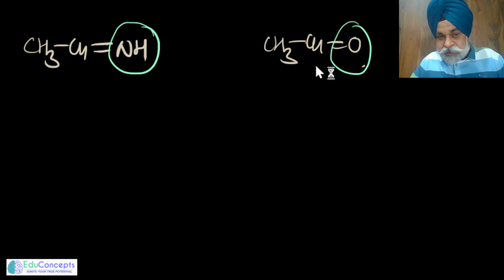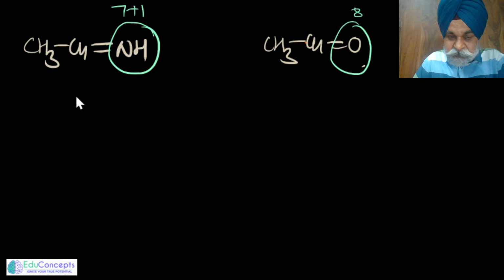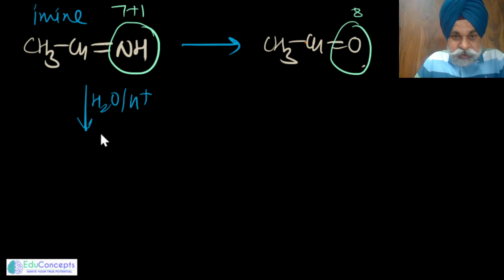Nitrogen is 7 plus hydrogen is 1, 8. So 7 plus 1, 8. This is also 8. Now how would it happen? This thing I have already explained in many of my videos, that if you have an imine in the presence of water and H positive is given by the periodic acid itself, this would hydrolyze to this entity finally. So how does it happen?